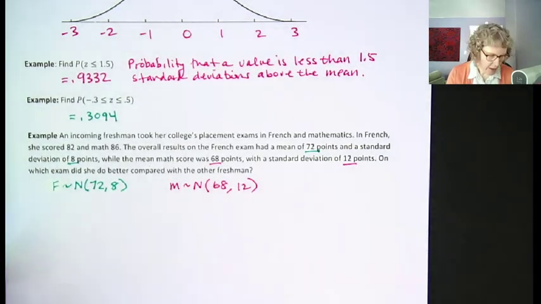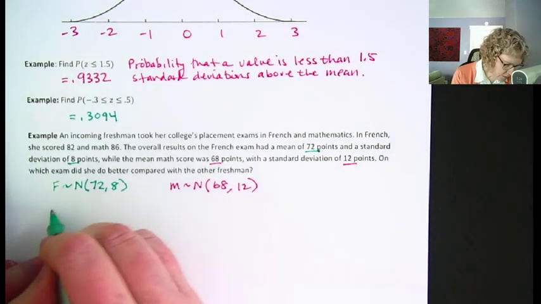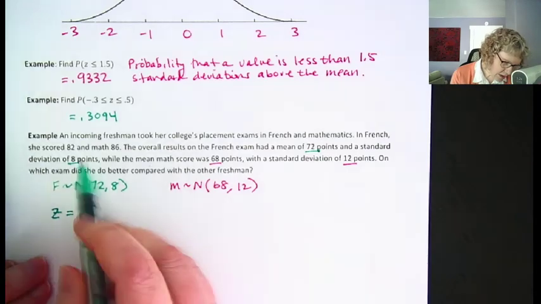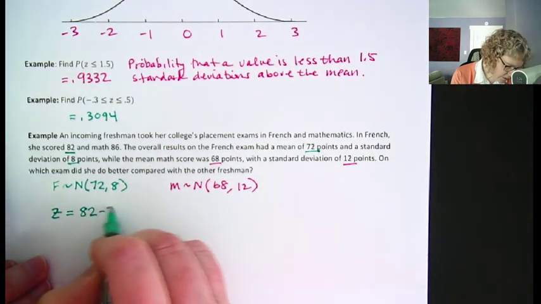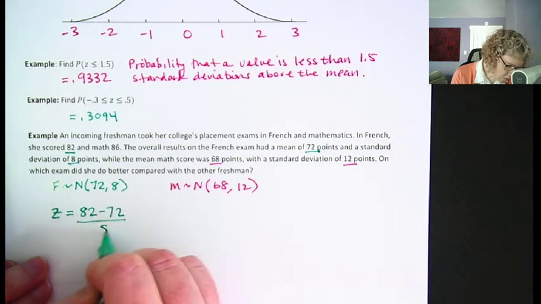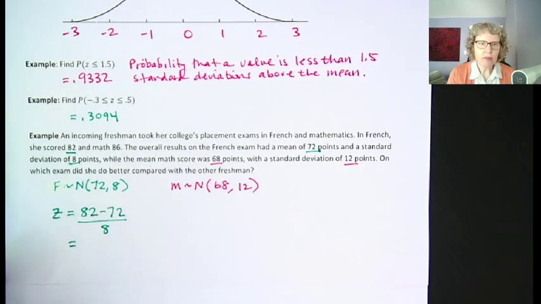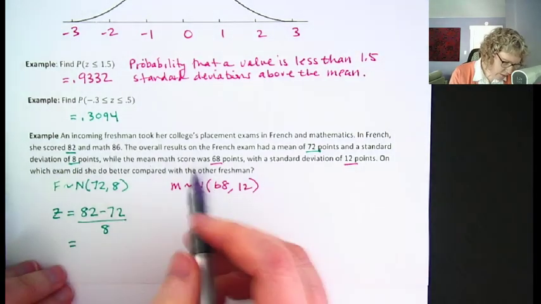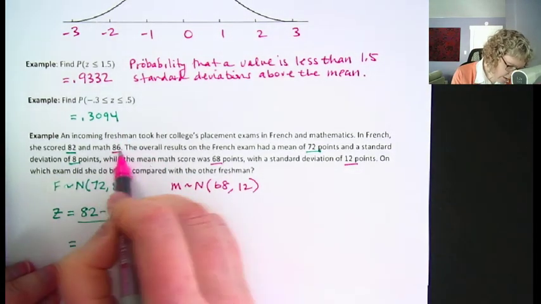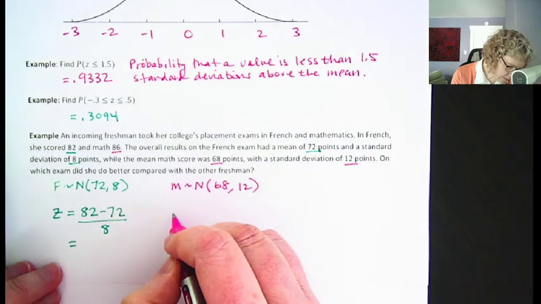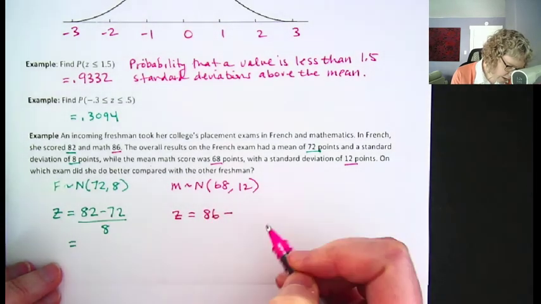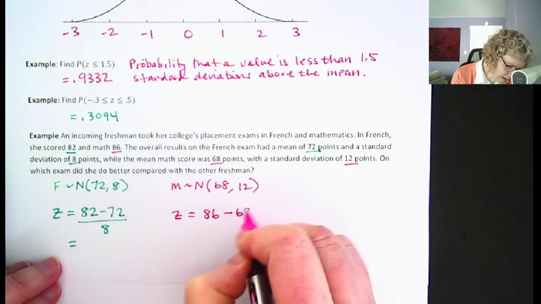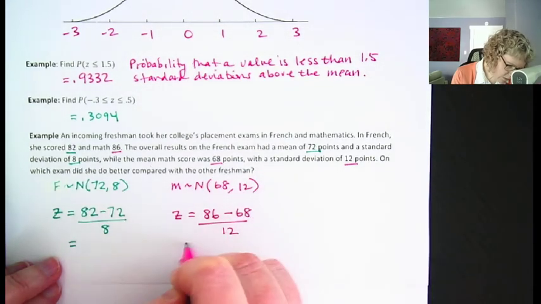Okay, so now we're trying to find the z-score of each one. So I'm going to do z equals, in French she scored 82. So 82 minus 72 over 8. And then in math she scored 86. So this z-score will be 86 minus 68 over 12.